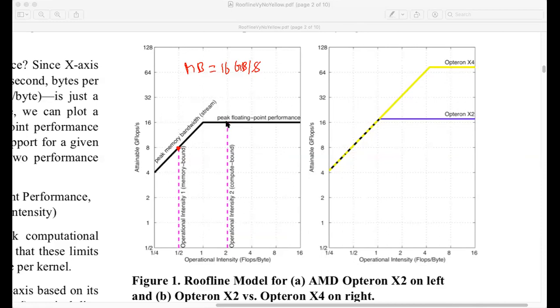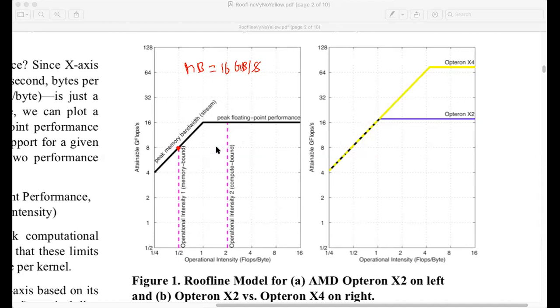This is why it's called roofline analysis. So here it's a compute bound application, and we will not be able to improve its performance no matter what, because the peak floating point performance for that processor is 16 gigaflops per second. There is no point in spending your energy trying to optimize this program further. You hit the roof, you hit the ceiling, you cannot improve the performance.